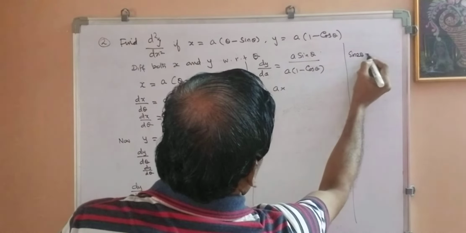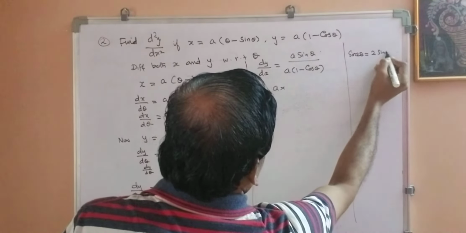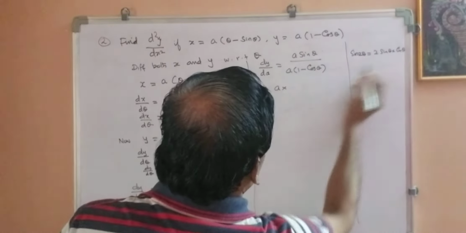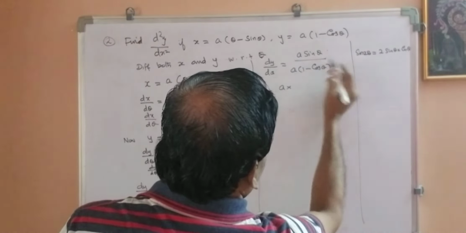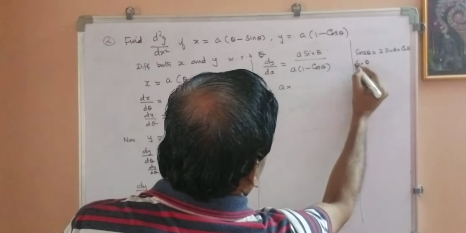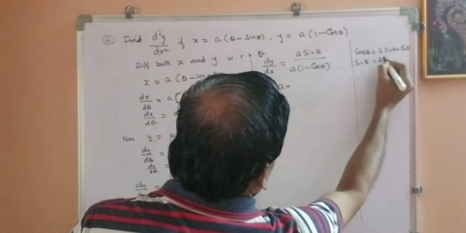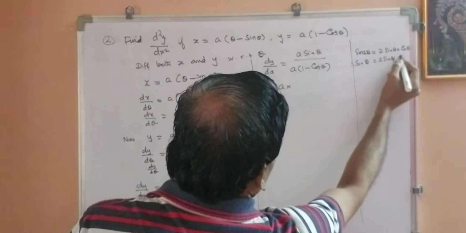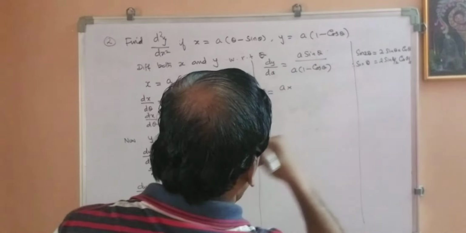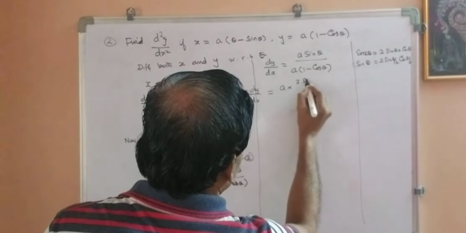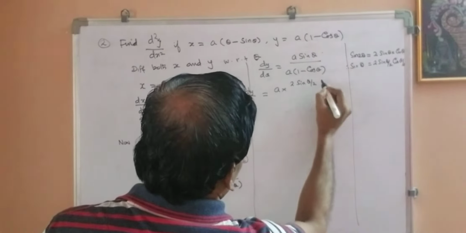Sin 2 theta equal to 2 sin theta cos theta. Here what is there instead of 2 theta? Theta is there. Therefore, sin theta equal to 2 sin theta by 2 into cos theta by 2. So here I will write 2 sin theta by 2 into cos theta by 2.